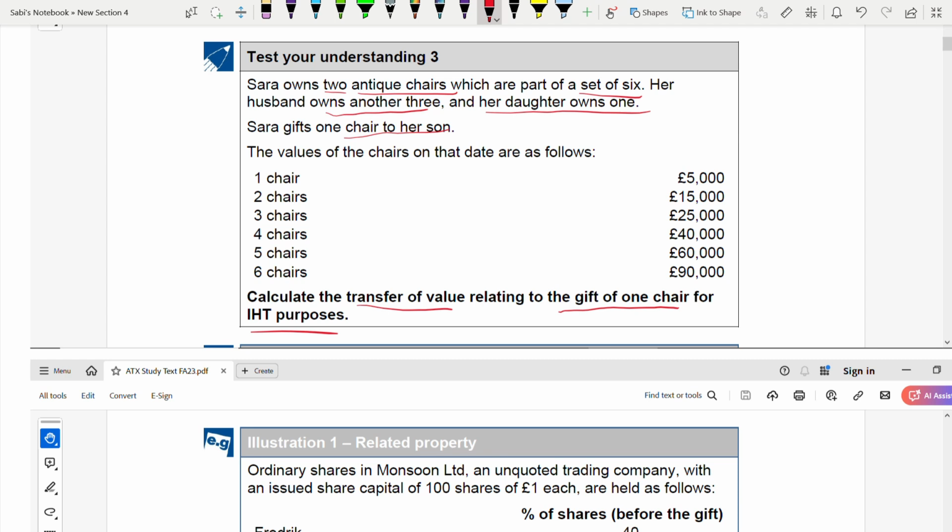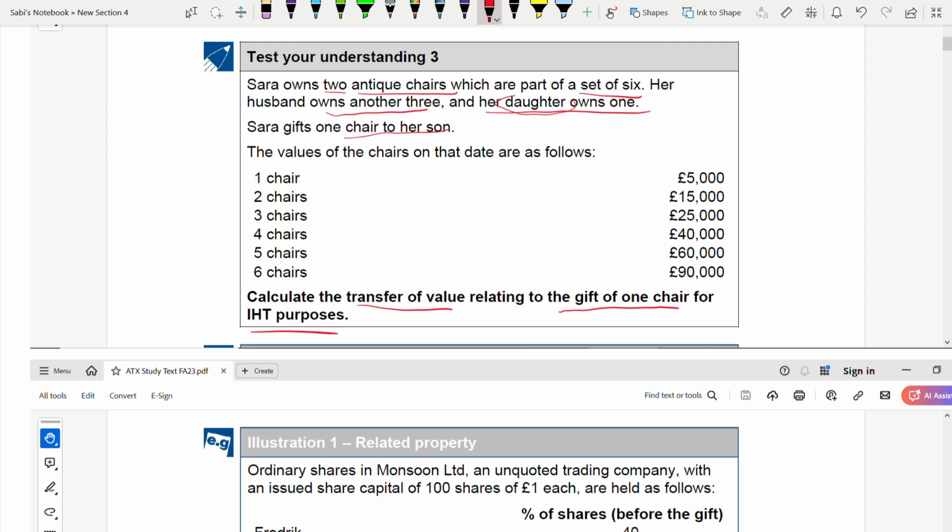The value of each share is given. Remember, you have to find the diminution in value. Diminution means the value of the shares before the gift and after the gift. So before the gift, this is a related property. Whatever the daughter has is not related property. It does not come in.